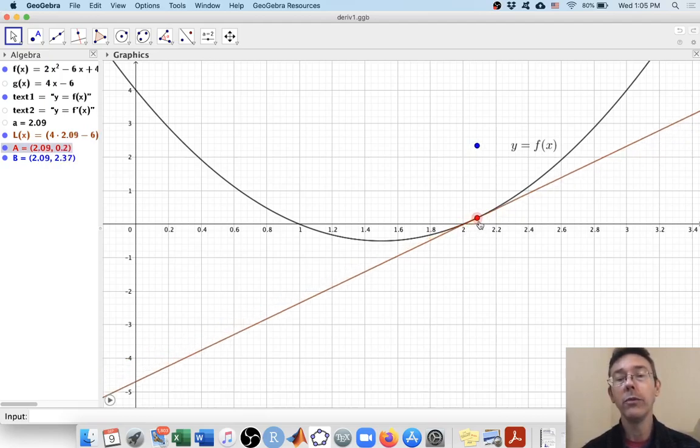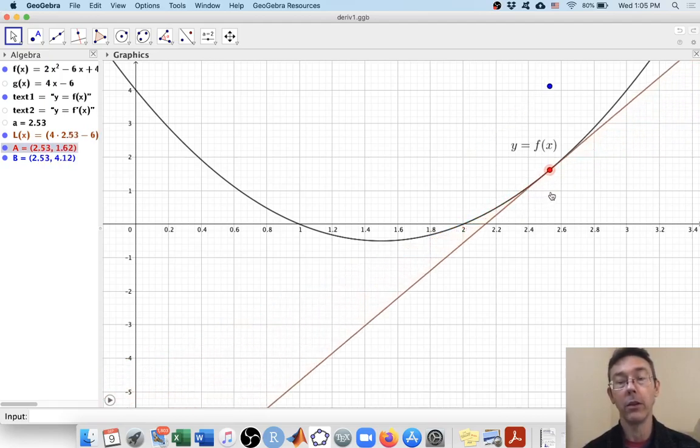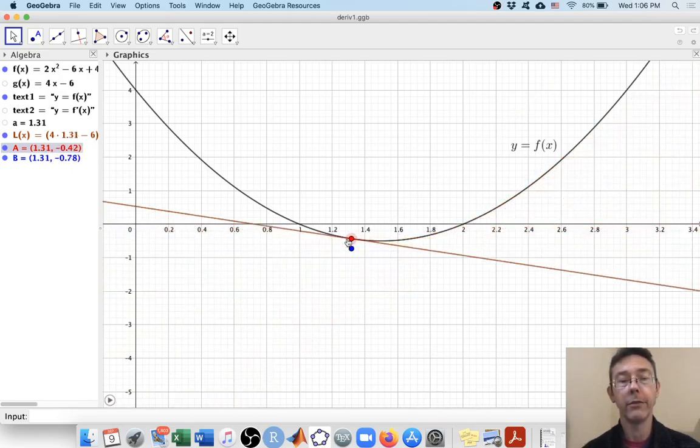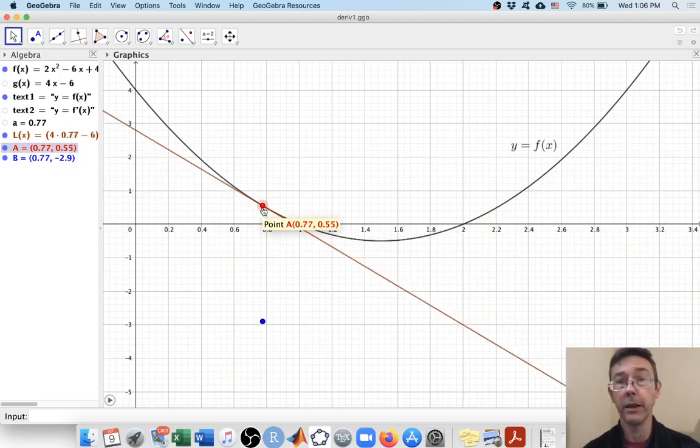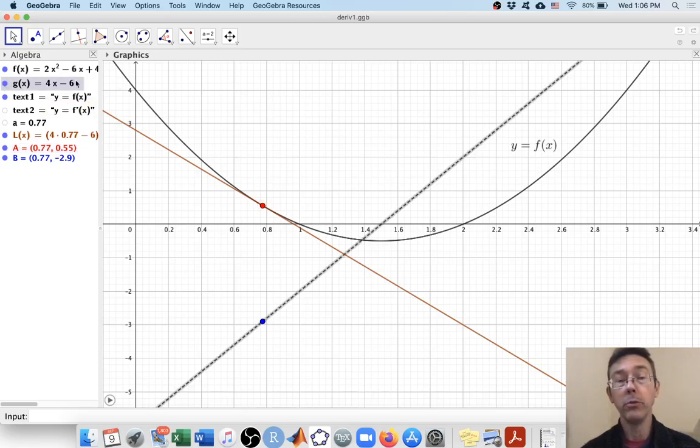As I continue to move this dot to the right, the derivative gets larger as the slope of the tangent line increases. And if I go to the left, it gets smaller as the slope of the tangent line decreases and then becomes negative. Overall, that blue dot is tracing out the graph of the line y equals 4x minus 6. That's the derivative function.